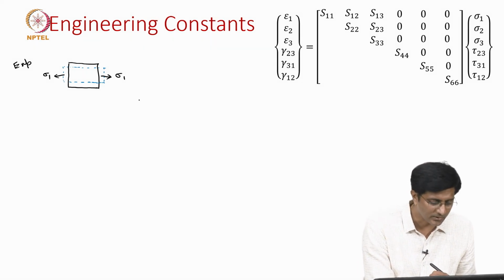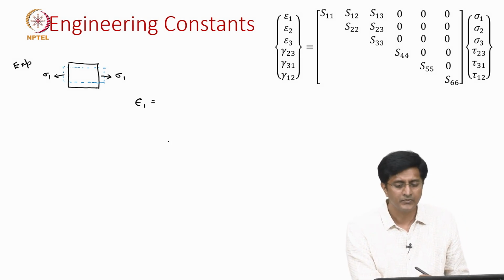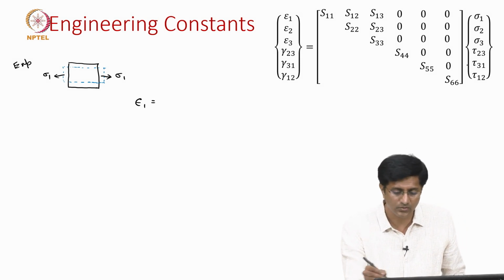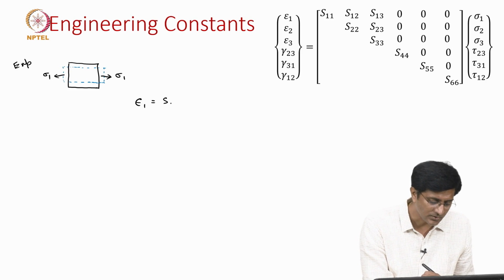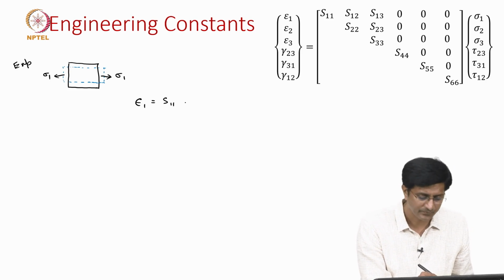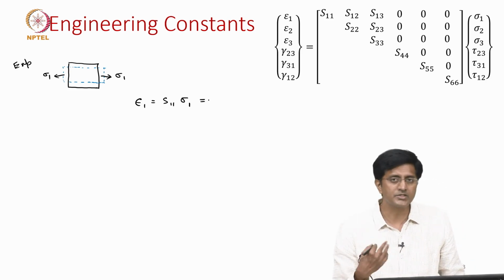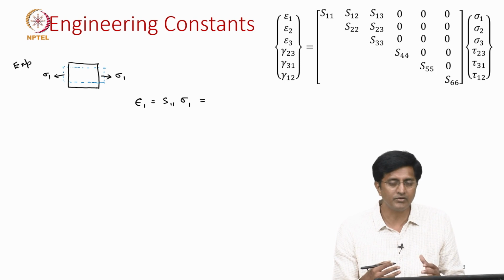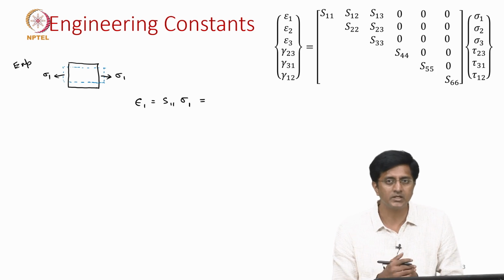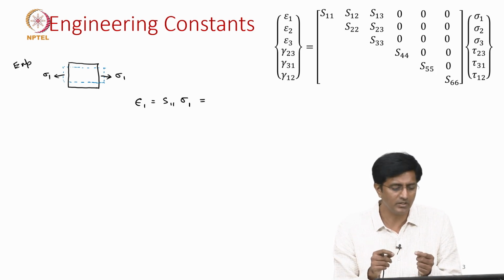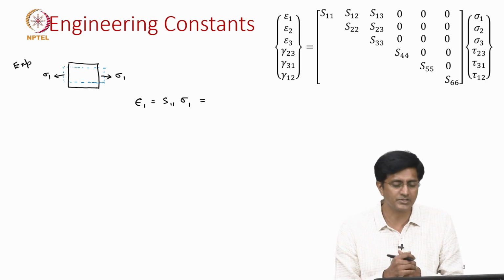Let us start with epsilon 1. What is epsilon 1? According to this equation, epsilon 1 will be S11 times sigma 1. But now let us introduce the engineering constants. According to our definition, let us say E1 is the elastic modulus in direction 1, then how can we write the strain?